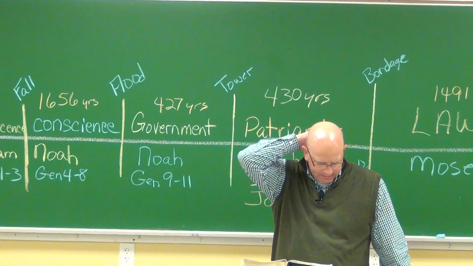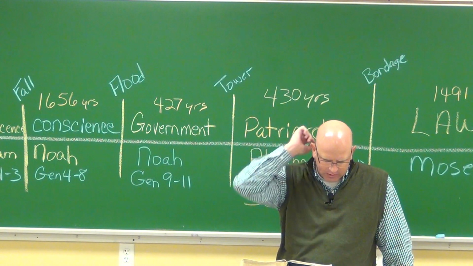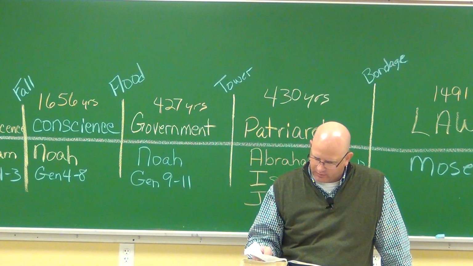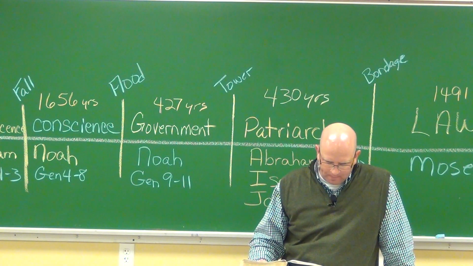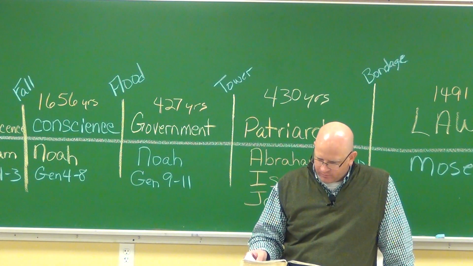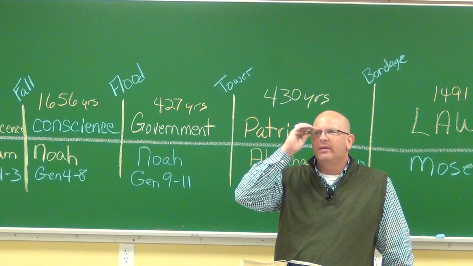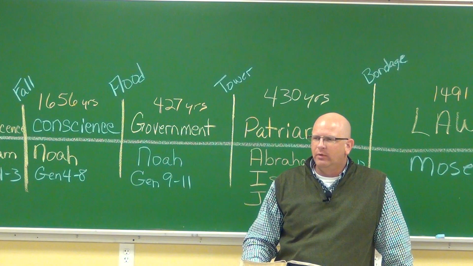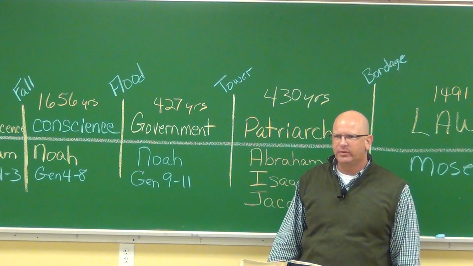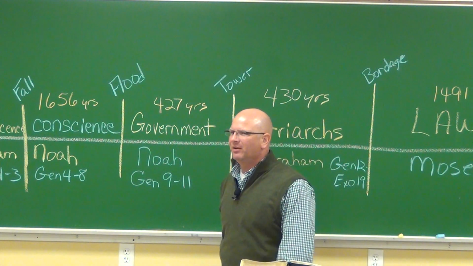Let me show you this. Look at 13 and 12. Abram had a nephew by the name of Lot. And they're going around together, and all of a sudden it just gets a little too big, the cattle and all of that.